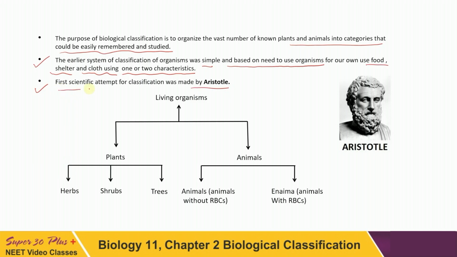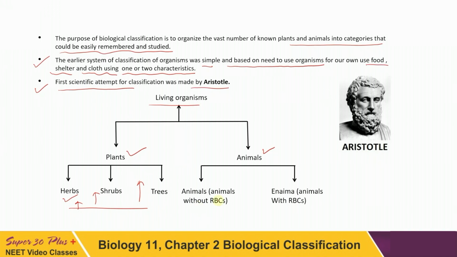After that, Aristotle, well known philosopher and scientist, gave the first scientific attempt. He classified the living organism into plants and animals, and the plants have been classified on the basis of height, that is the herb, the shrub, and the trees. The tallest one is tree. Similarly, the animals have been classified.